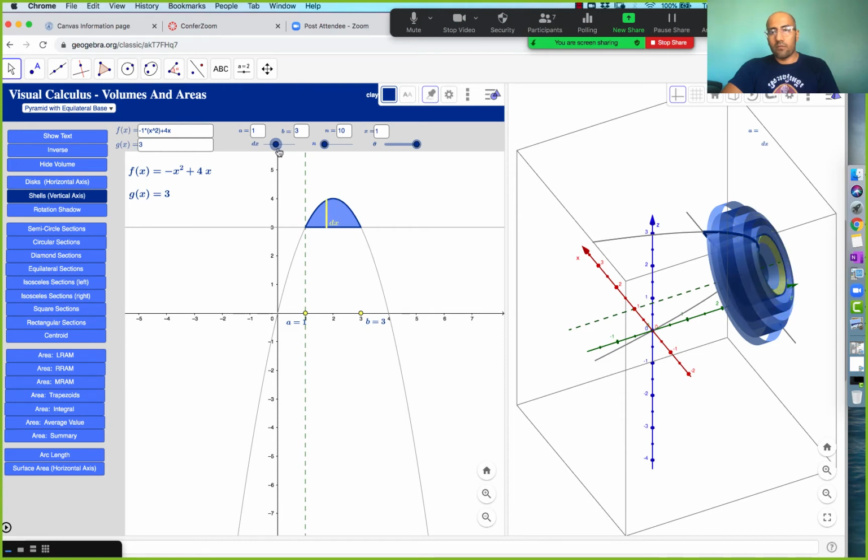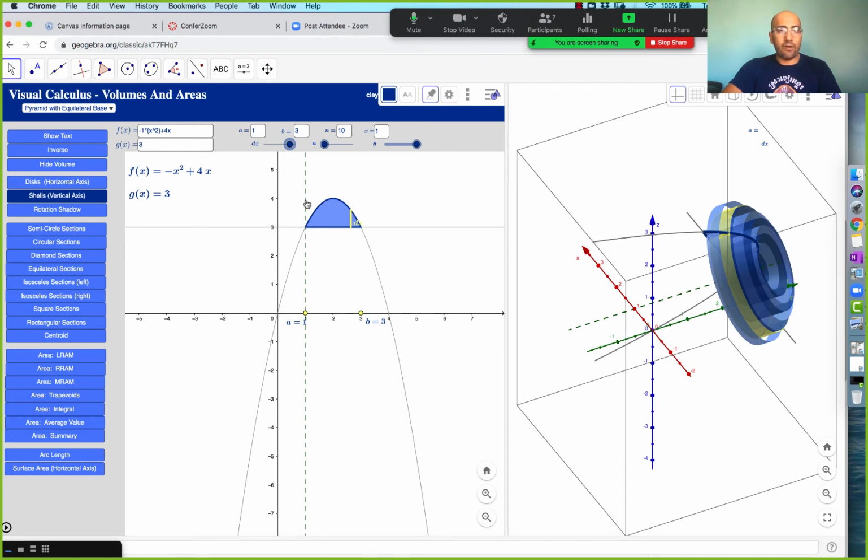Good. For every one of these shells, it's almost like a cylinder with a hole through the center of it. The height of each one of these shells is determined by this. And then we rotate all the way around, so we need the perimeter of it. And the perimeter is going to need a radius. The radius is going to be based on where we're rotating.